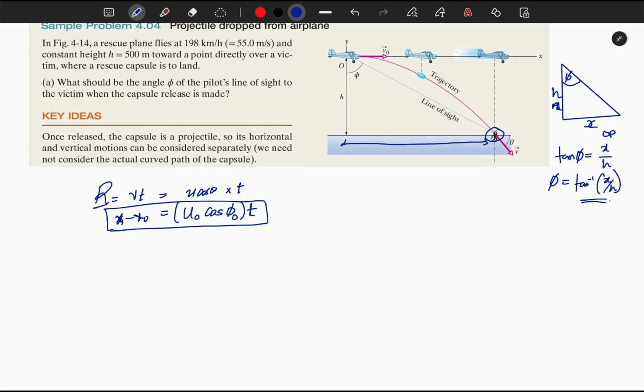Take note, we are now going to consider the vertical motion. Under the vertical motion, we are saying change in y equals u sine theta naught t minus one half g t squared.